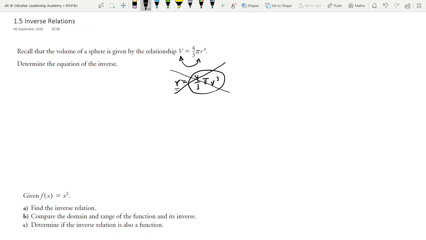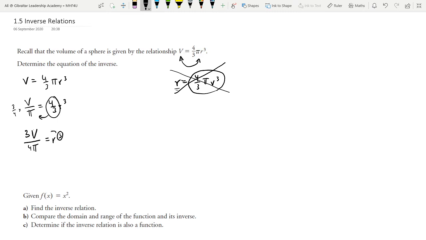In this situation, what we're actually going to do is isolate for r within our equation. So 4 over 3 pi r cubed, we take pi to the other side, and it'd be V over pi is equal to 4 over 3 r cubed. Take 4 over 3 to the other side and multiply by the reciprocal. So I have 3V over 4 pi is equal to r cubed.